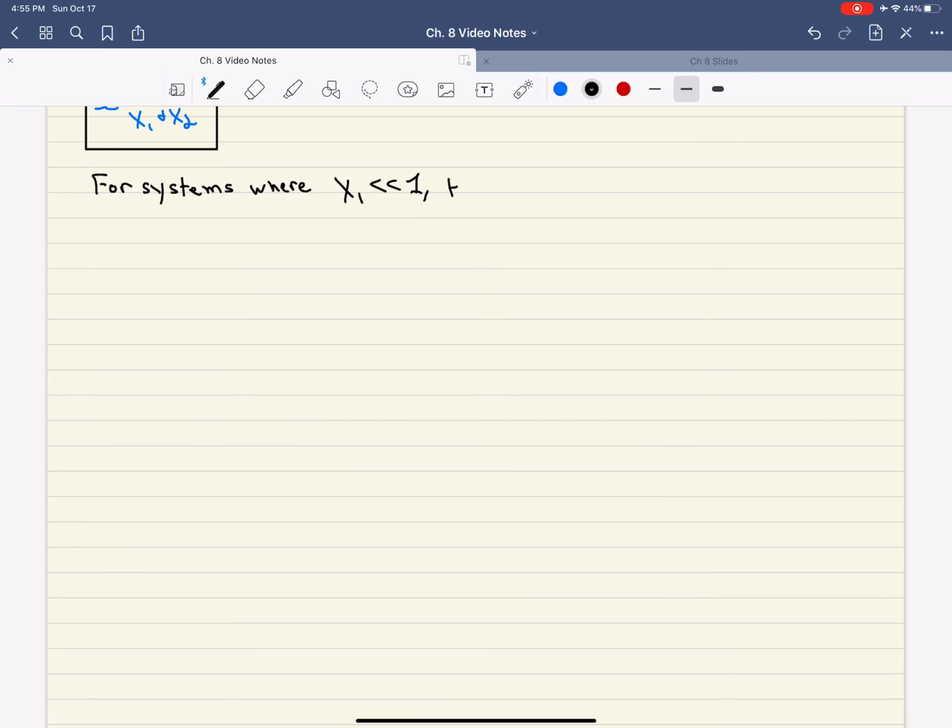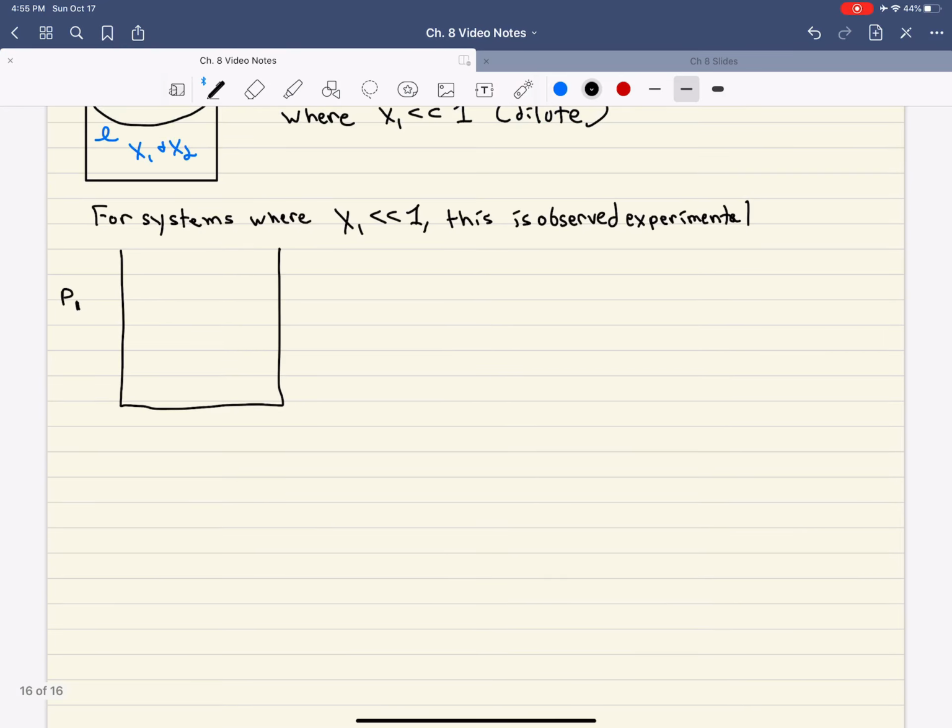this is what is observed with regards to pressure. Okay. So if you could somehow measure the partial pressure of species 1 in the vapor phase, this is what you would see. So let the x-axis be x1, y-axis be p1. You would expect to see a curve like this.